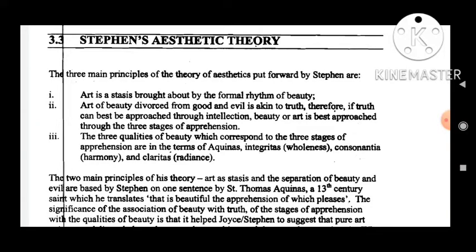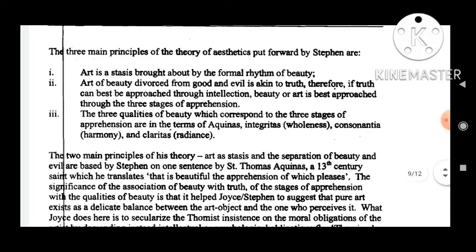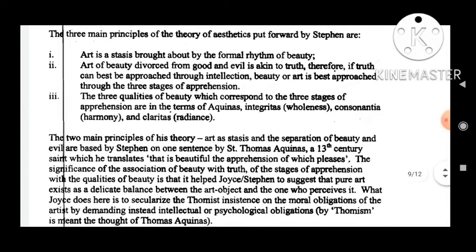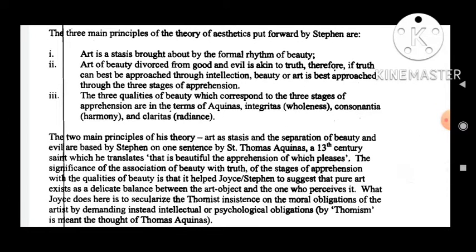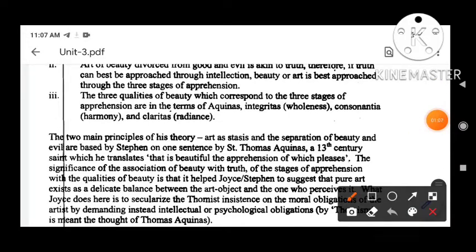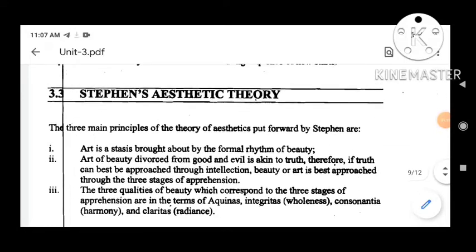Then the three qualities of beauty which correspond to the three stages of apprehension are in terms of integritas, consonantia and claritas. Here you remember the three points, which are the basic key points. So the three main principles.